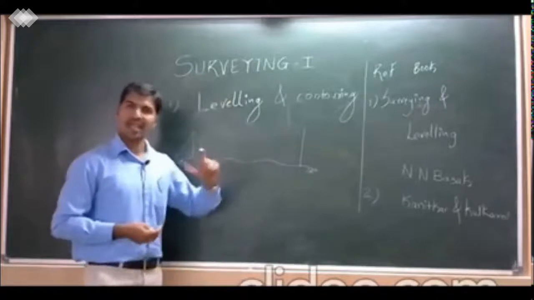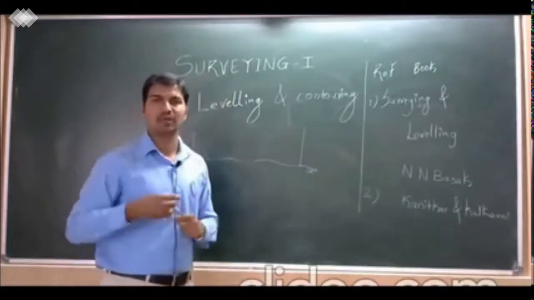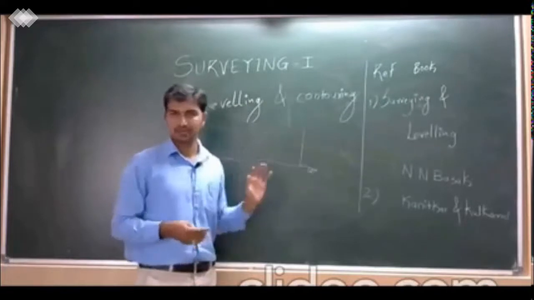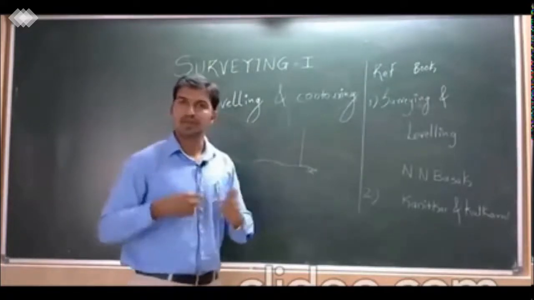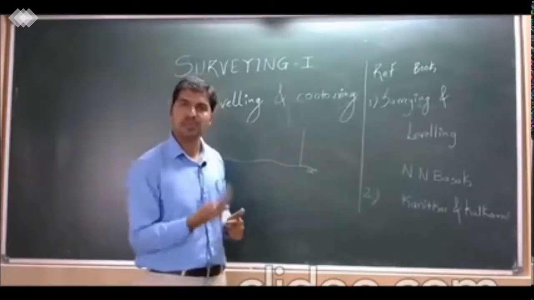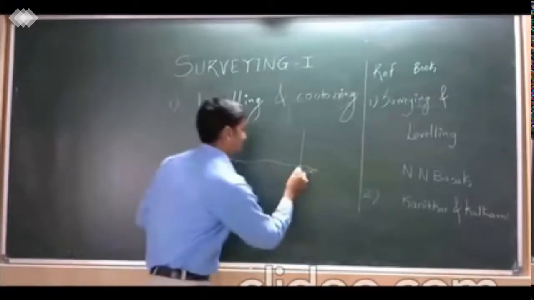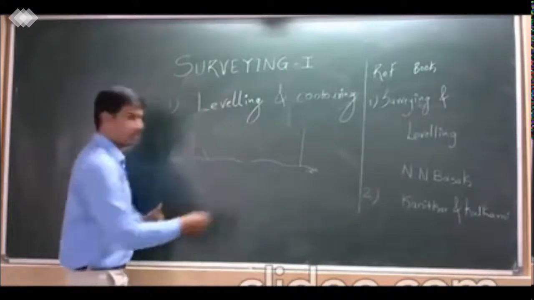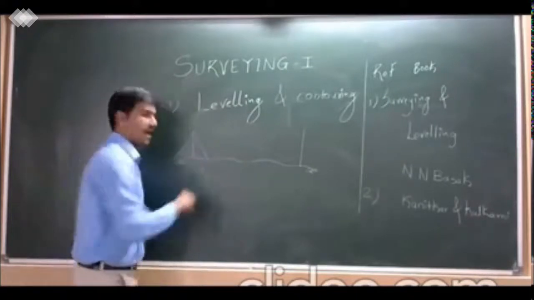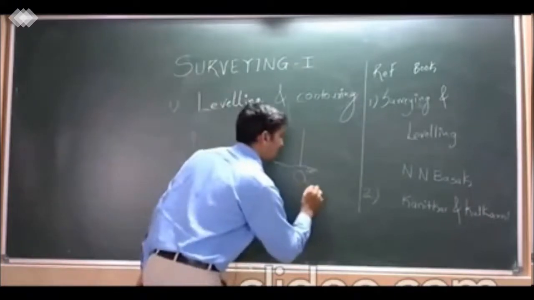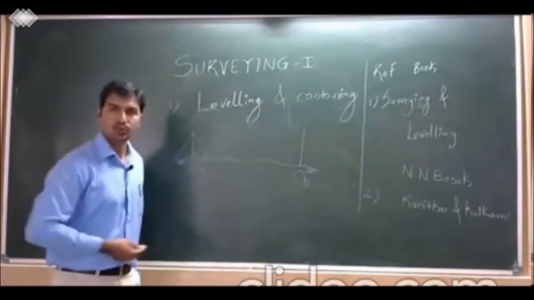Now, we have done one example or one exercise to find out the reduced level. I would like to repeat some new terms which we have studied in the first lecture. So I will just label the points. I will say this is point O, and this is point O2.